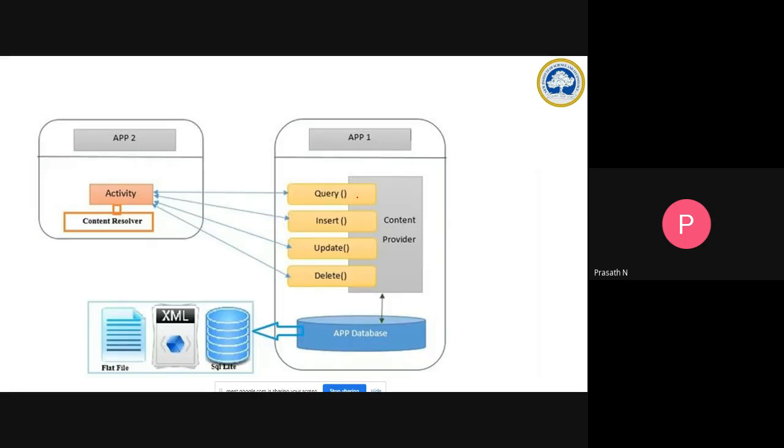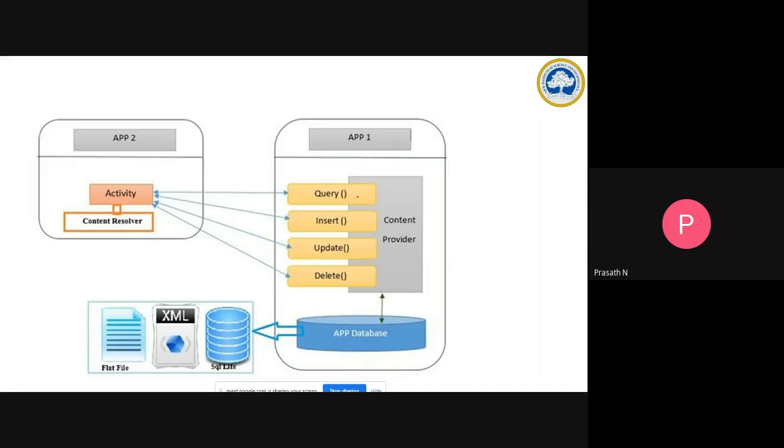Either you want to query something, just to view it. For example, I'm searching for a particular person in WhatsApp. A query is nothing but a search with the help of some keyword. For example, Prasad, I simply type PRAS. It will automatically check the database of the WhatsApp contact list as well as the contact list of my phone storage.